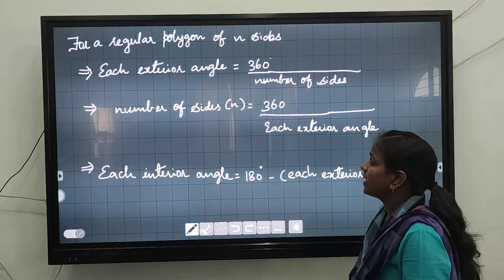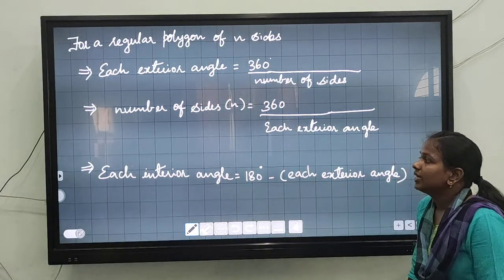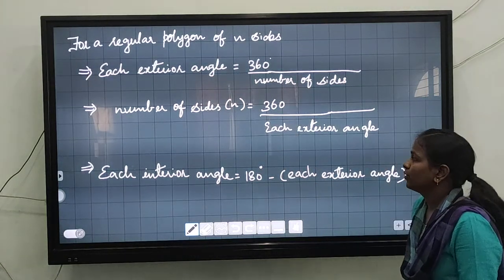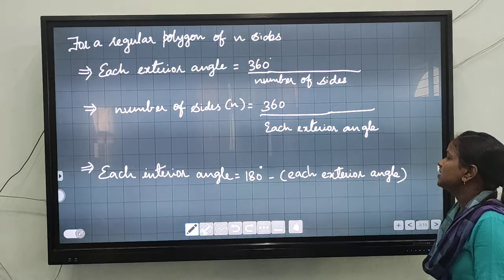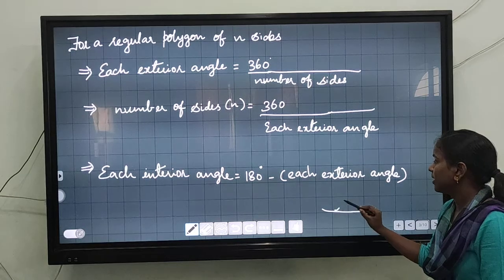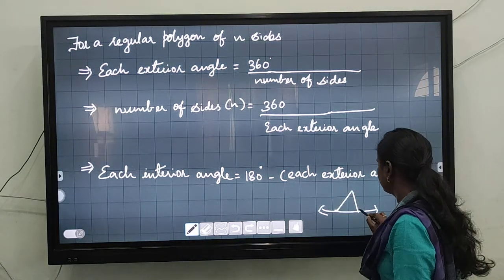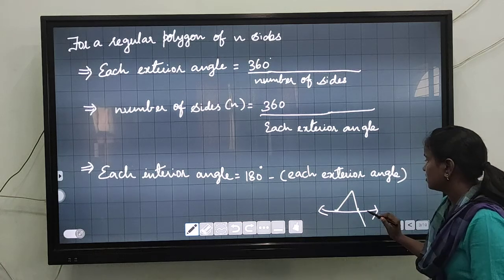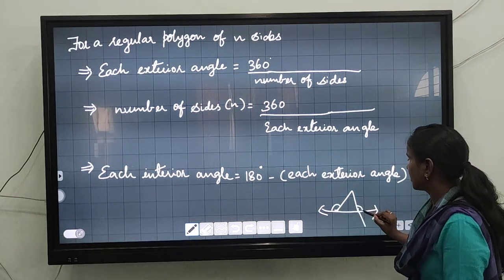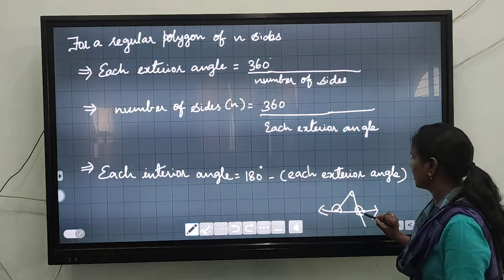Next, each interior angle. The formula is each interior angle equals 180 degrees minus each exterior angle. I will draw one figure here. See, these are exterior angles, these are interior angles, and this is also an exterior angle.